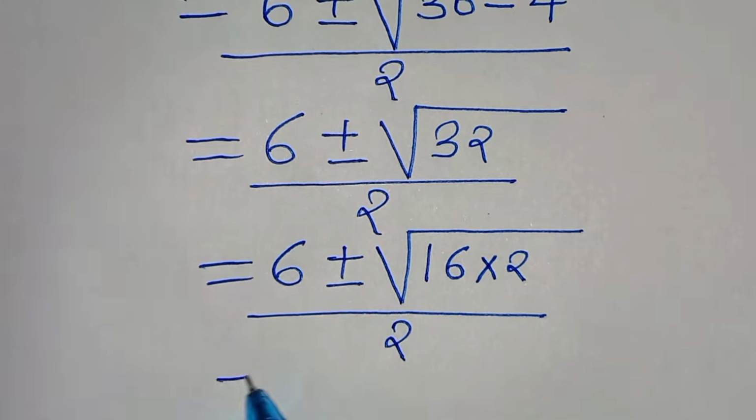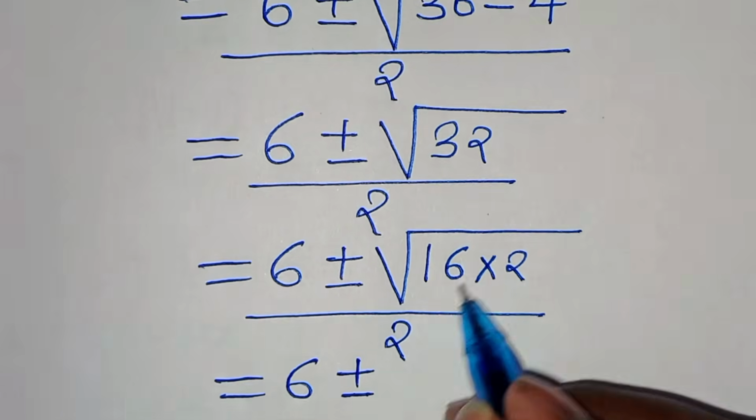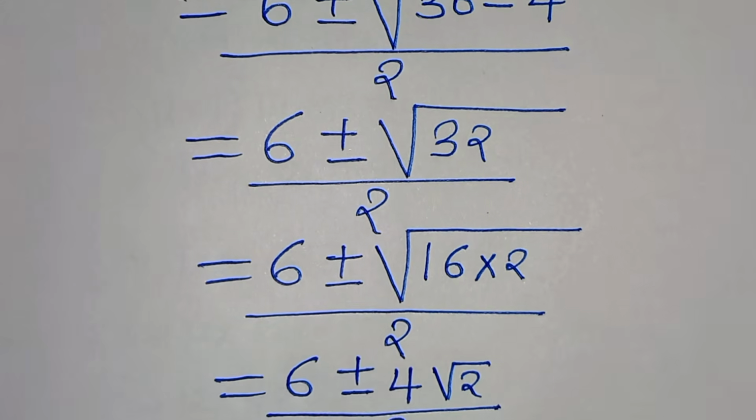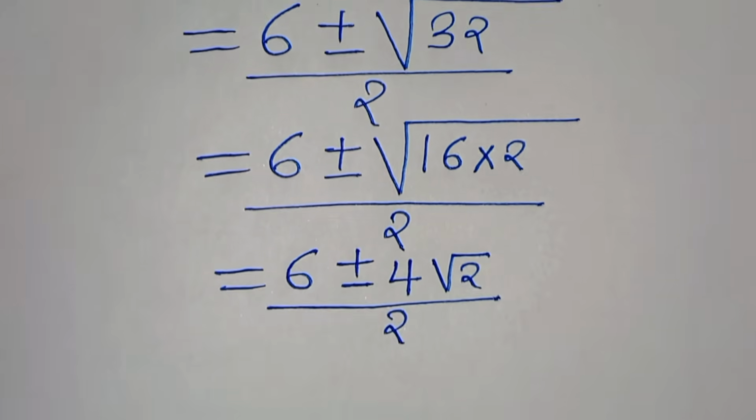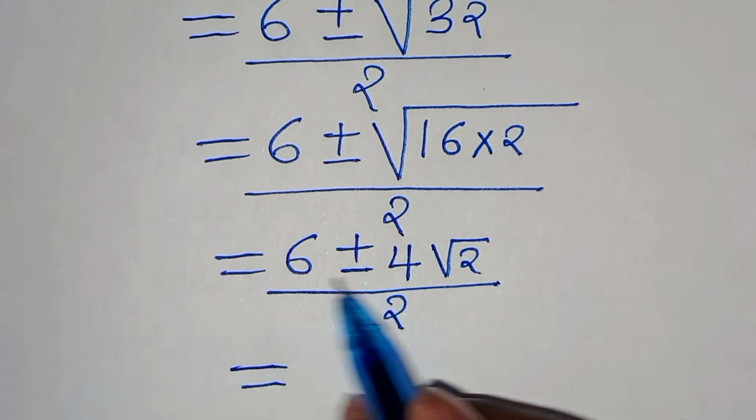The next step is that we have 6 plus or minus the square root of 16, this is 4, then square root of 2, then divided by 2. Now, the next step is that we have in the numerator here, 2 is common.